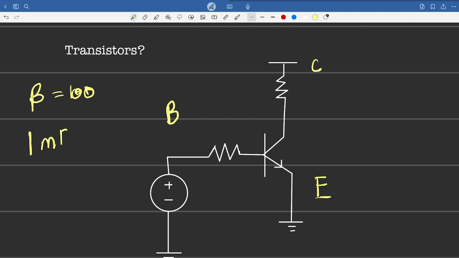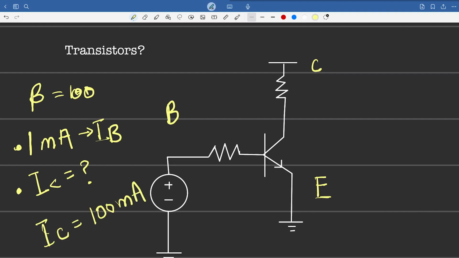This is the base current. Now, what is the collector current? Using IB and beta, we can say that IC equals 100 milliamps. So you see, we amplified the current from 1 milliamp to 100 milliamps just by varying the base current. It's an increase, so it's amplifying it.